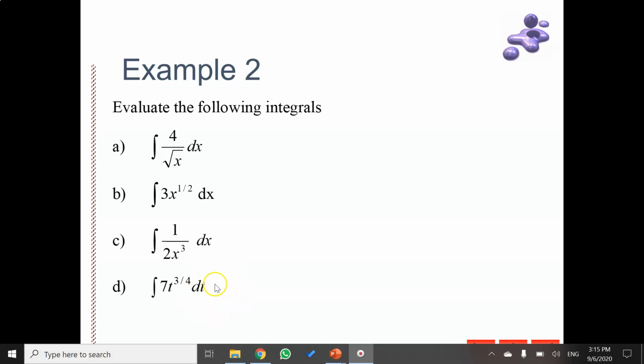So it's quite unusual for question D, because we usually use x, and suddenly in question D you have t. It's actually the same as the other three questions, only that the variable at the end is t instead of x. Sometimes they use s, h. Okay, it's the same.